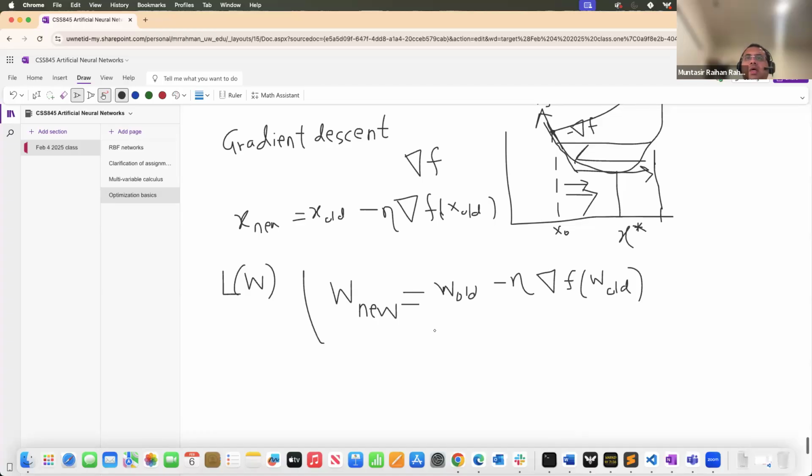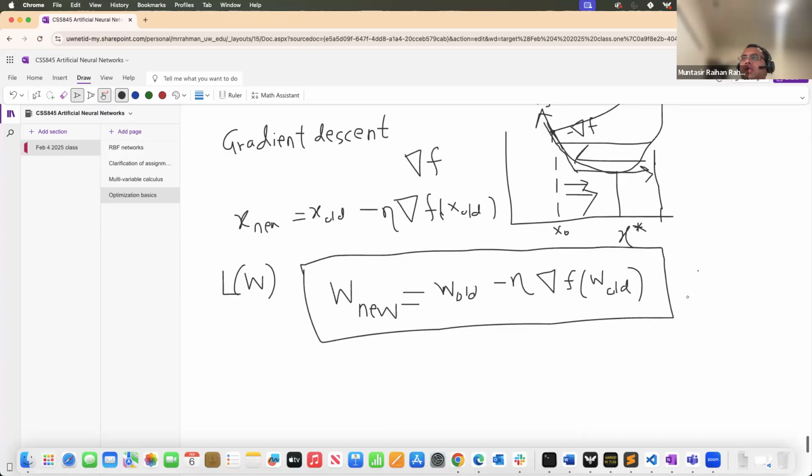So this is the gradient descent rule. Typically it's known as GD, right?